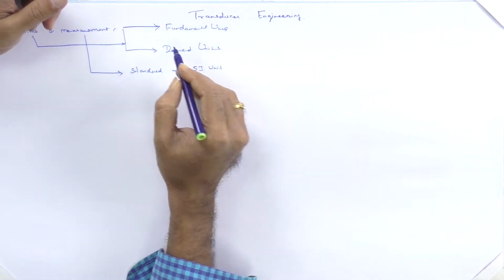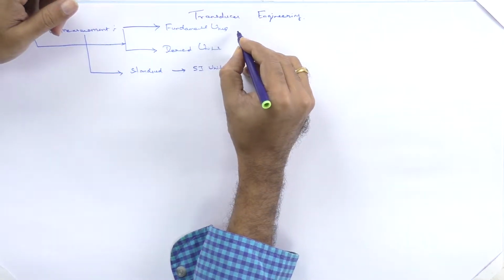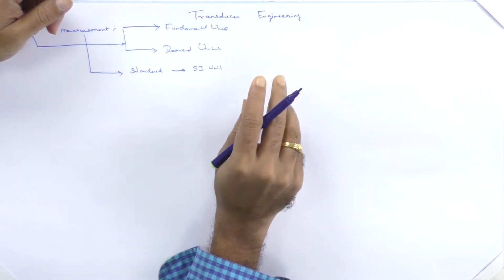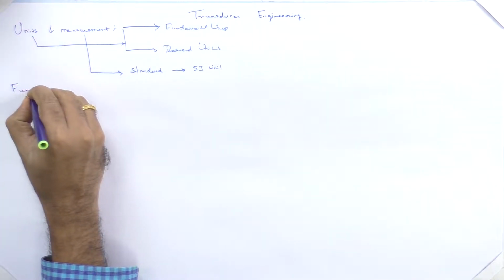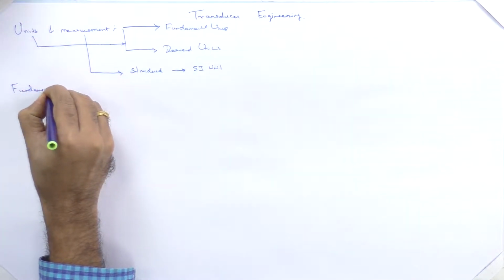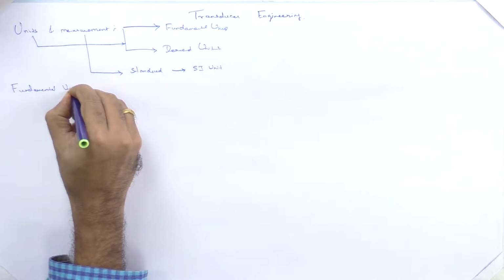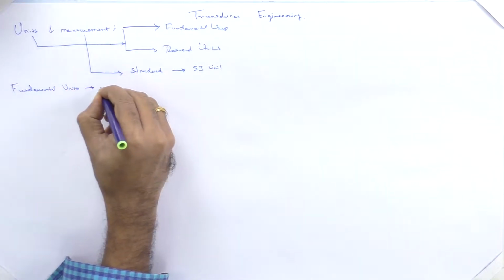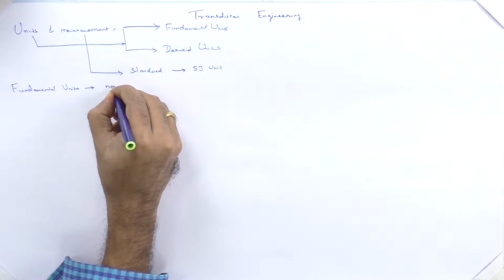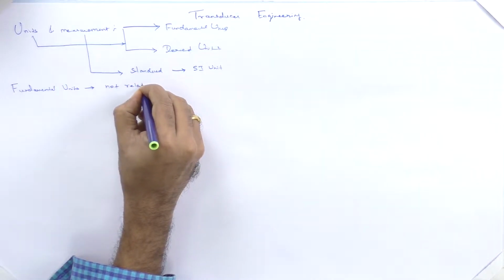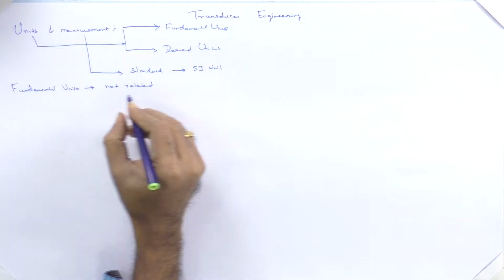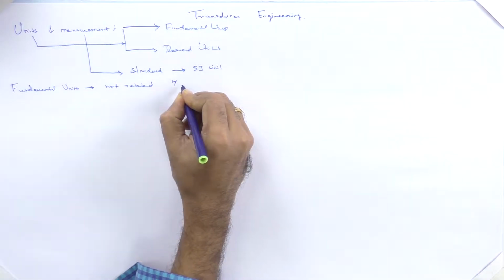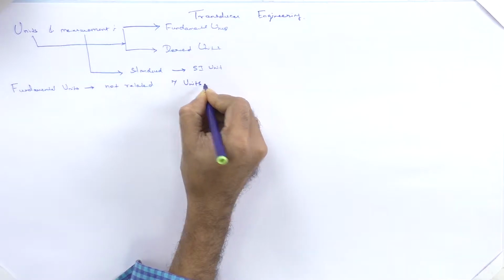Now let's come back to our fundamental units. These fundamental units are totally unrelated to each other. There are 7 fundamental units altogether.